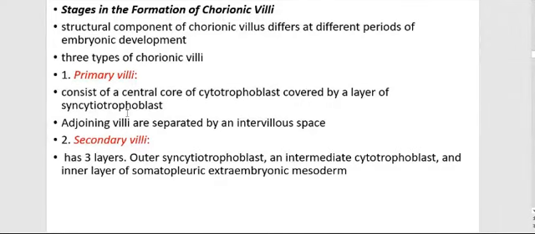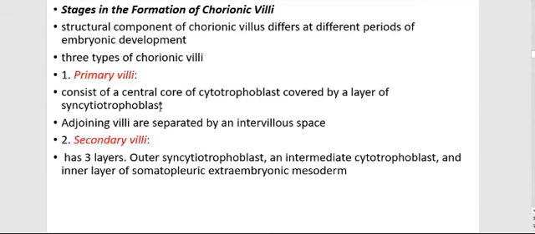So the primary chorionic villi consisted of a central core of the cytotrophoblast covered by a layer of syncytial trophoblast. As these chorionic villi are being formed, they are separated by spaces. Remember those spaces which were formed in the syncytial trophoblast, we were calling them lacunae, and they were being filled with maternal blood.